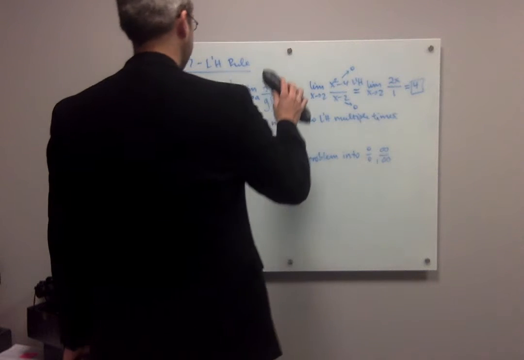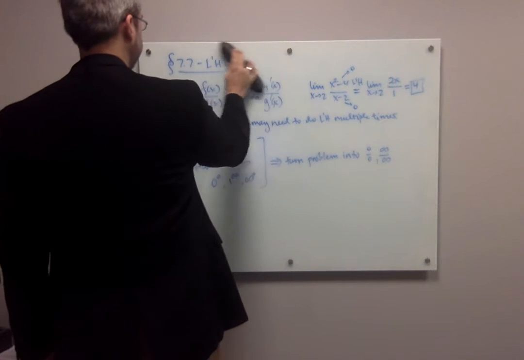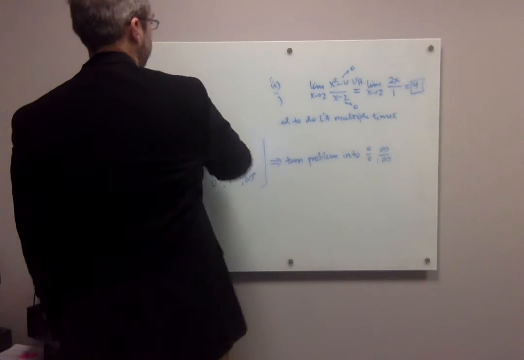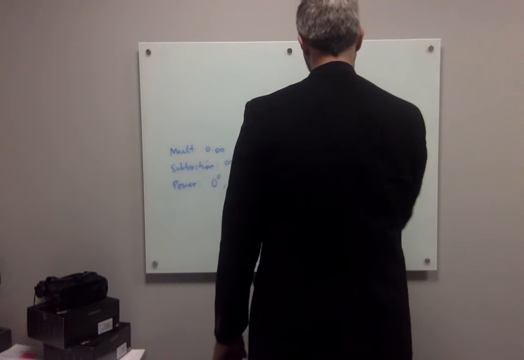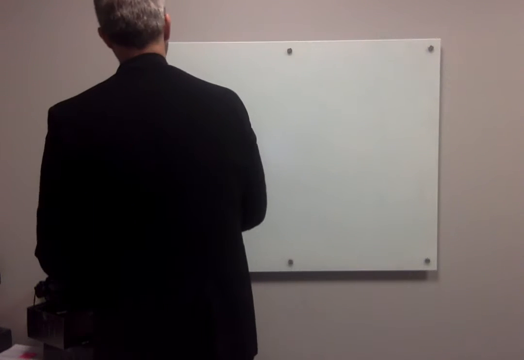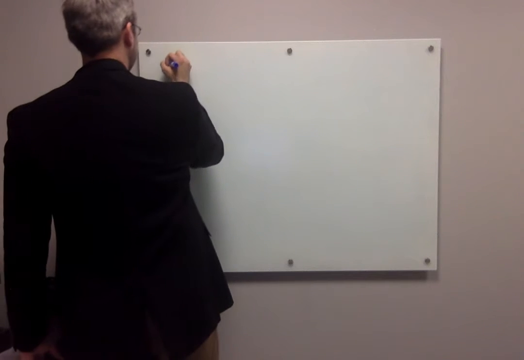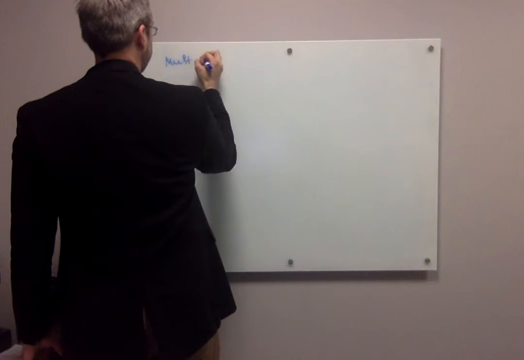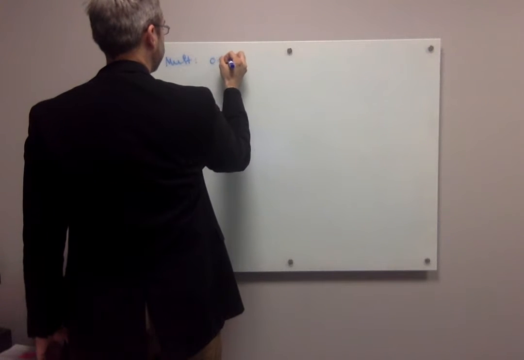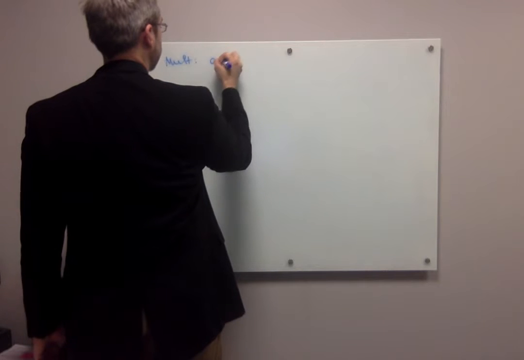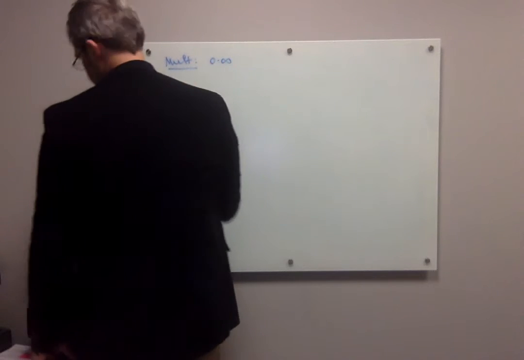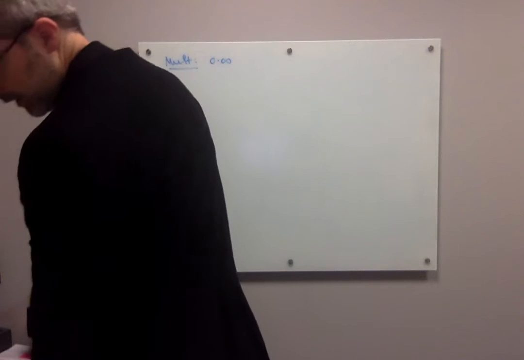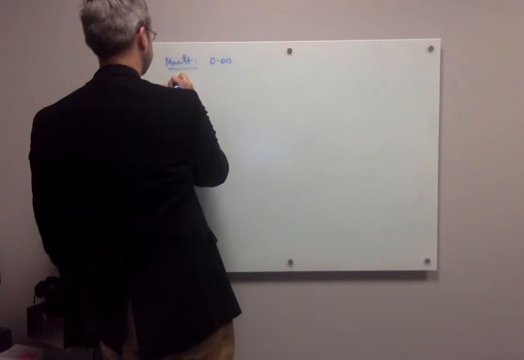So let's do multiplication first. For multiplication, we're going to be looking at things of the form 0 times infinity. Let's take a couple of examples here.